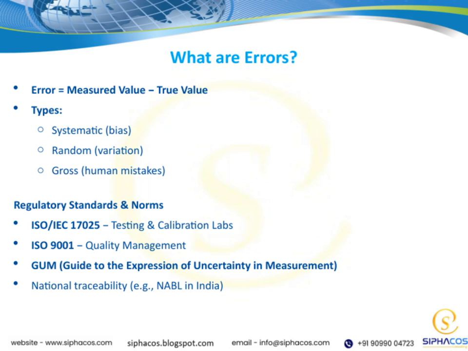Additionally, there's the GUM, or Guide to the Expression of Uncertainty in Measurement, which provides a framework for quantifying and expressing measurement uncertainty clearly. And finally, national traceability, like NABL in India, ensures that measurements are linked back to recognized standards, giving confidence in the results.